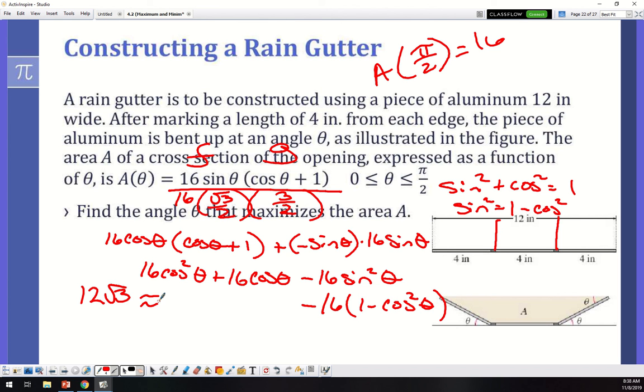More than 2. Roughly 20.7. A little under 2. 20 point what? 7, 8, 5. There we go. So the maximum area is at theta equals pi over 3.